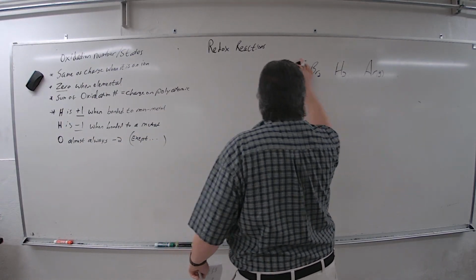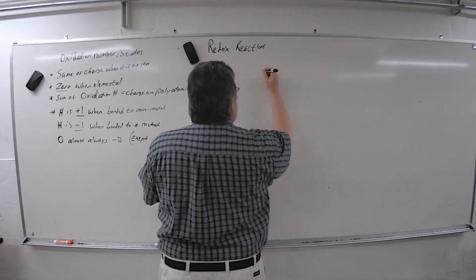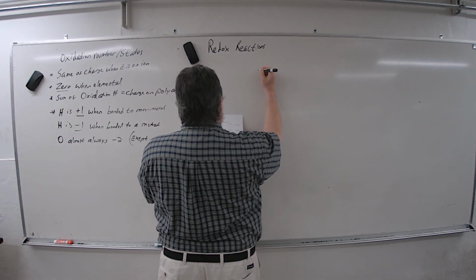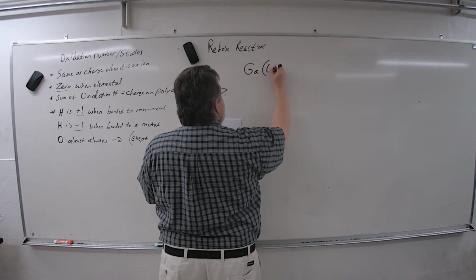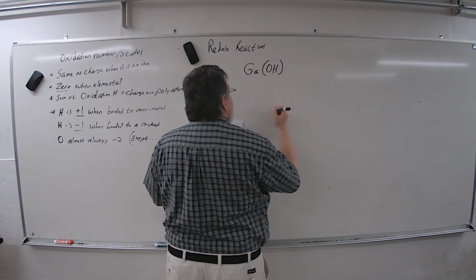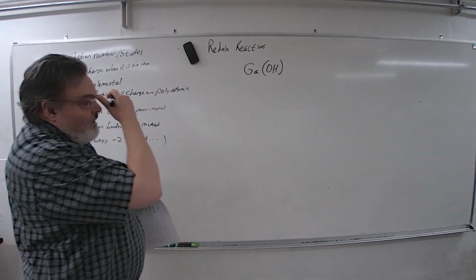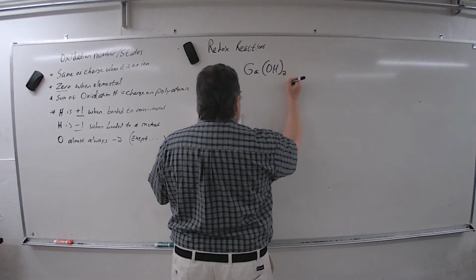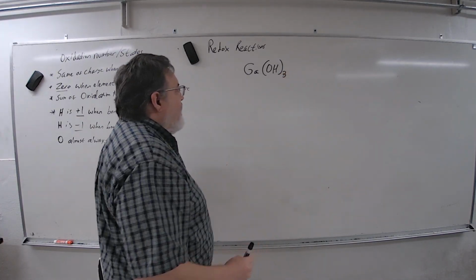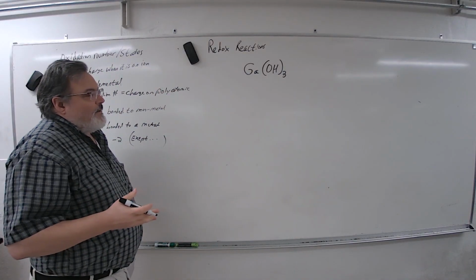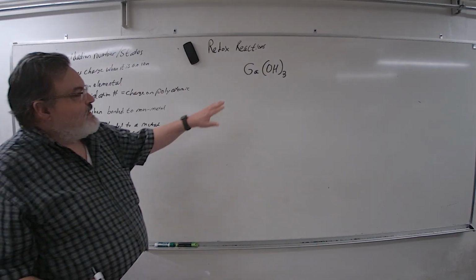Okay. Polyatomic ions. Let me show you the process for this. If I have Ga(OH)3, it helps to be able to recognize some of the polyatomic ions. There is an oxidation number for each atom here.